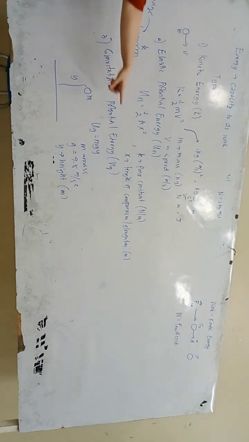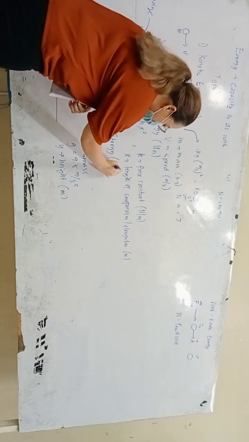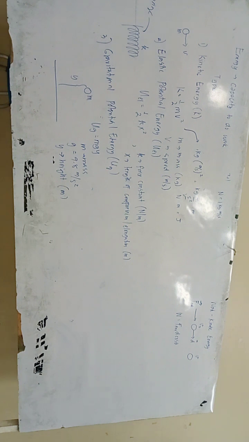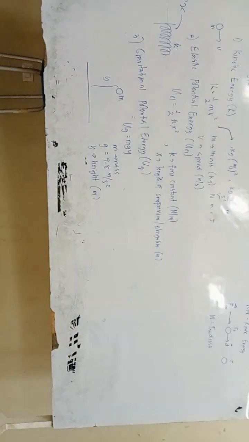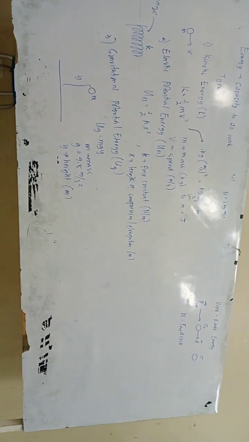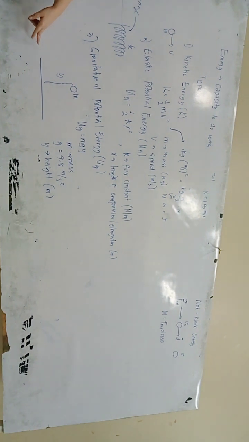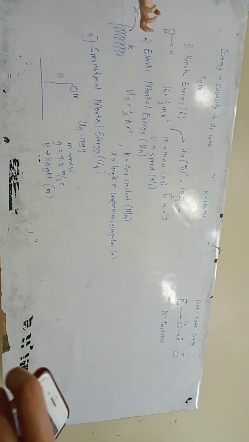So lastly, we have gravitational potential energy. The symbol is again U, then we place g as a subscript indicating that this is our gravitational potential energy. So what is gravitational potential energy? The gravitational potential energy is stored due to the position or configuration of the object relative to some reference point or zero position. If the ground is our reference point or zero point, and the object is above the ground, the object stores potential energy.